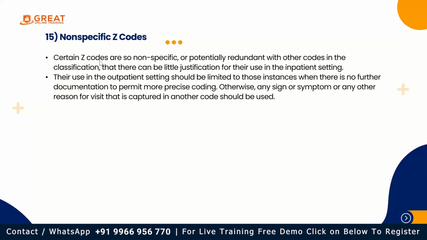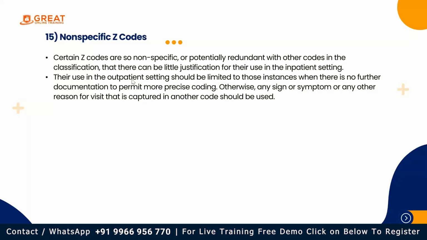Non-specific Z codes. Certain Z codes are so non-specific or potentially redundant with other codes in the classification that there can be little justification for their use in the inpatient setting.